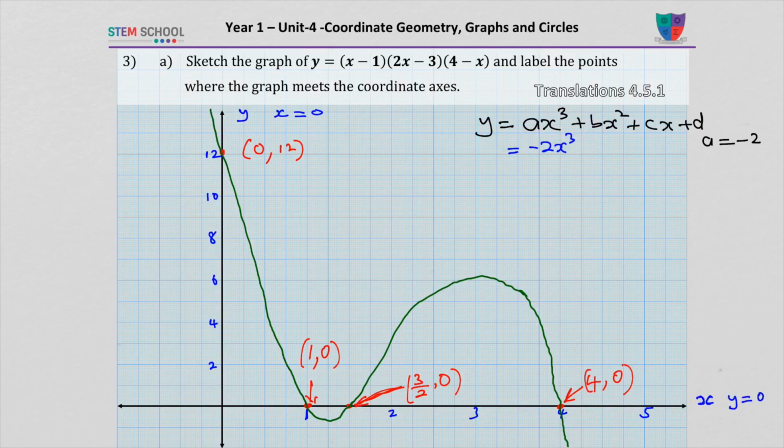The graph we just sketched is y equals (x minus 1)(2x minus 3)(4 minus x).